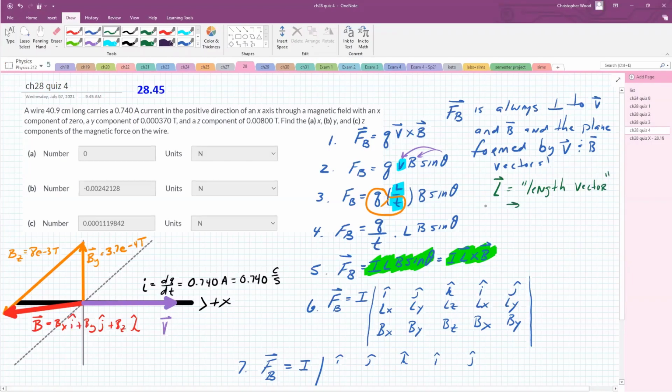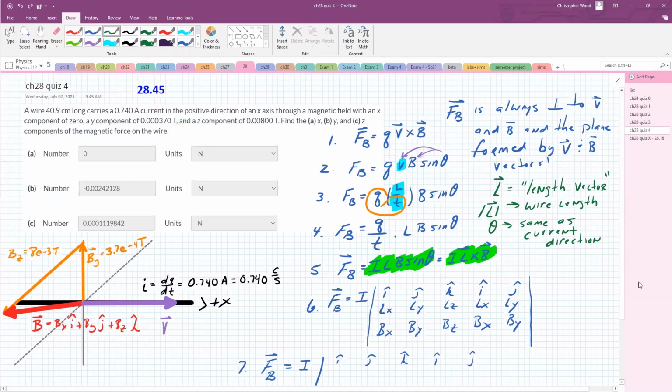The magnitude of this length vector is the wire length in this case. The direction, I'll say theta, is the same as the current direction. That's what I'm using for my length vector. And I know the direction of the current. It says the current is going in the positive x-axis direction.